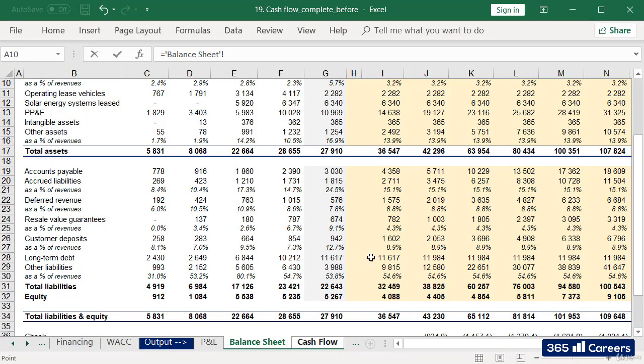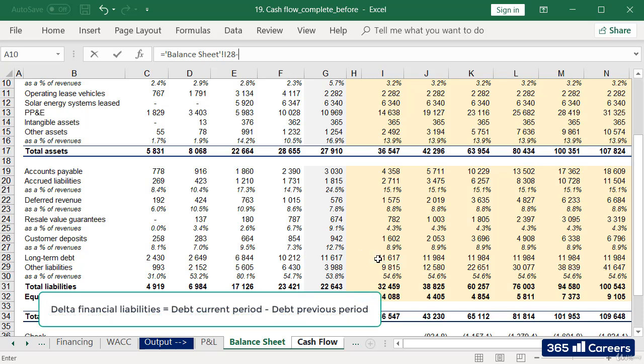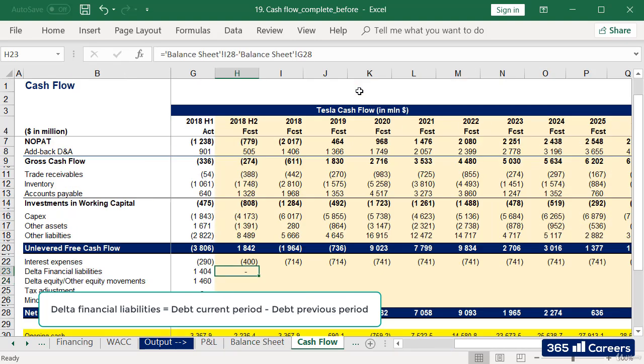To calculate delta financial liabilities, we'll simply subtract current period liabilities minus the liabilities observed in the previous period. The sum of delta financial liabilities in the first and second half of 2018 gives us 2018 full-year financial liabilities.